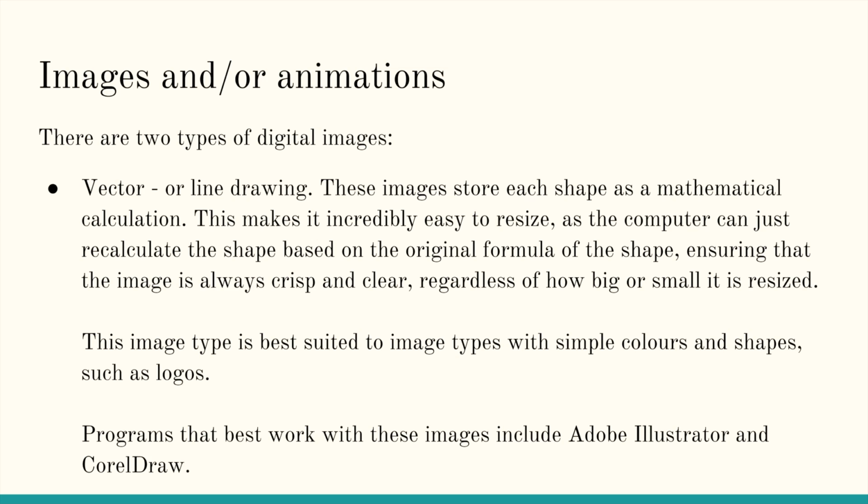In vector, it would work out the calculation of the line, where it starts, where it finishes, its length, and the color, and that's it. So we're talking maybe 4 small pieces of information for a vector image, and over 100 pieces of information for a raster image.